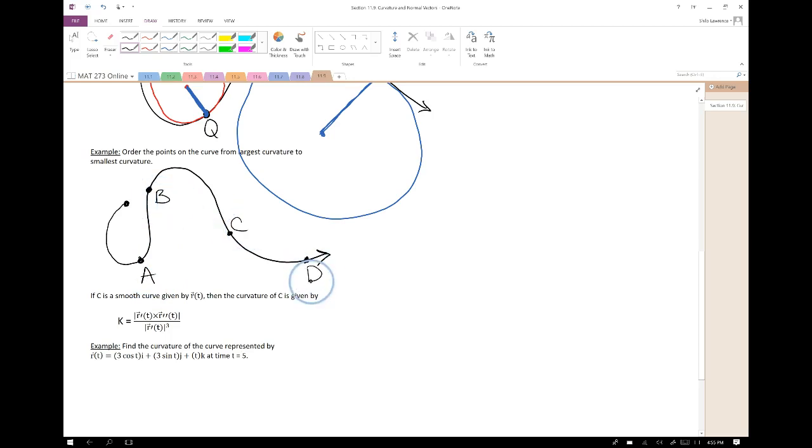We want to order the points on the curve starting with the one that has the largest curvature and then down to the one that has the smallest curvature. Largest curvature means smallest tangent circle. So if you need to, you can draw a circle at each of these points and compare the size of these circles. That one's really big. That one's even bigger.